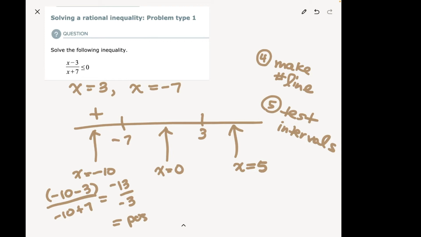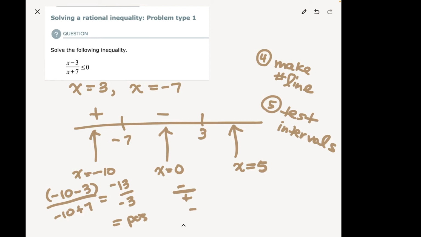Same thing, except I'm going to condense my notation. 0 minus 3 will be negative, and 0 plus 7 will be positive, and a negative divided by a positive is a negative. So on this interval, no matter what x value I plug in, the answer to the fraction will always be negative.